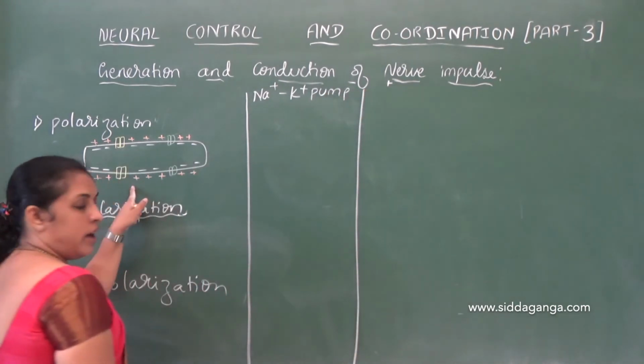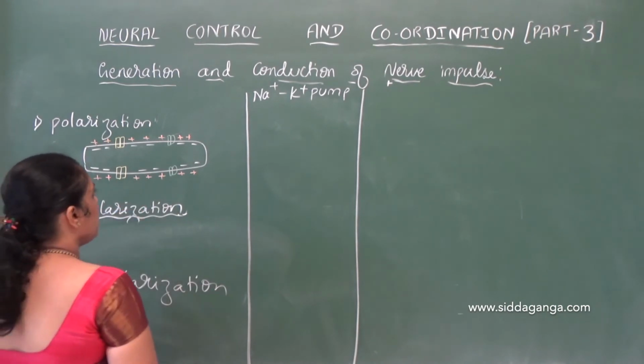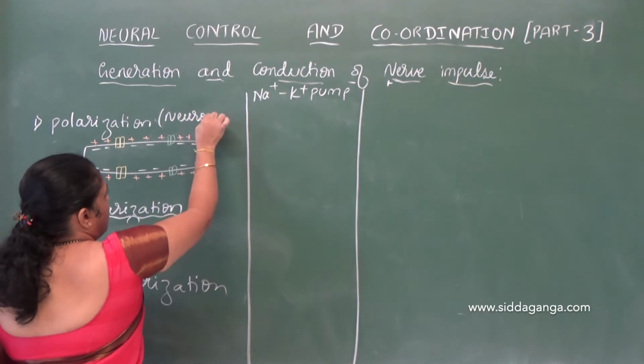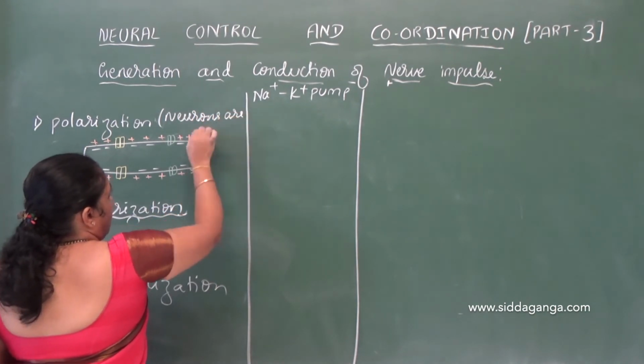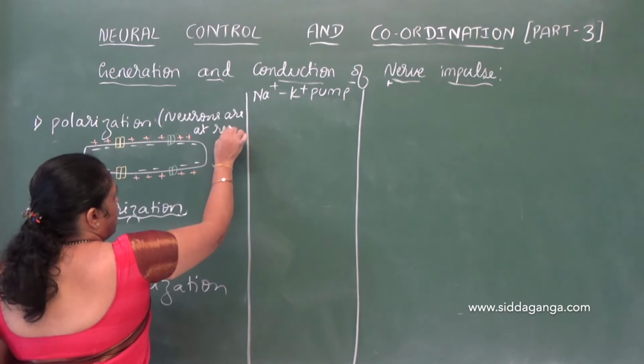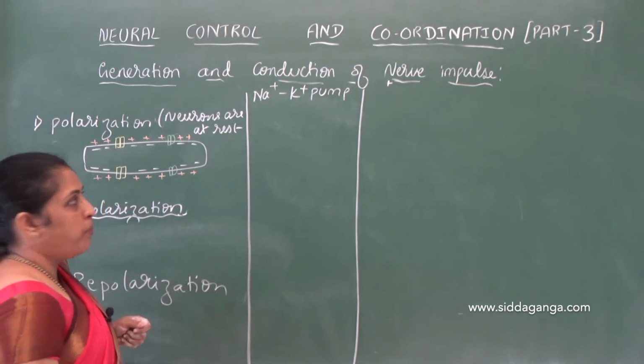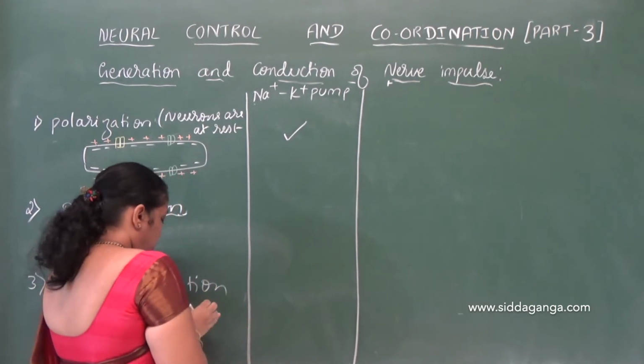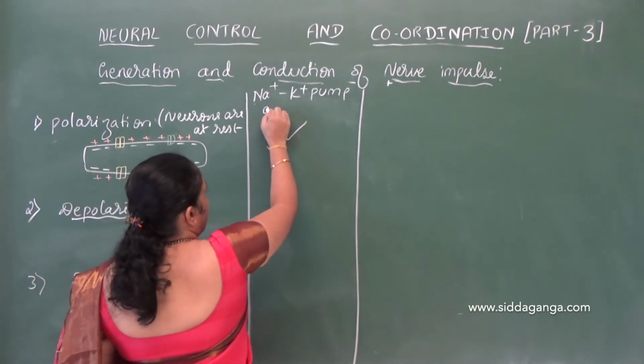So in the polarized state, when neurons are at rest, the sodium potassium pump will be open. It is an active transport.